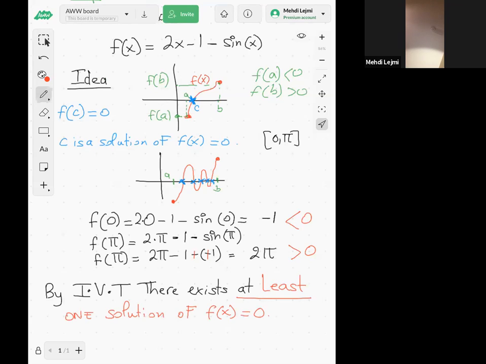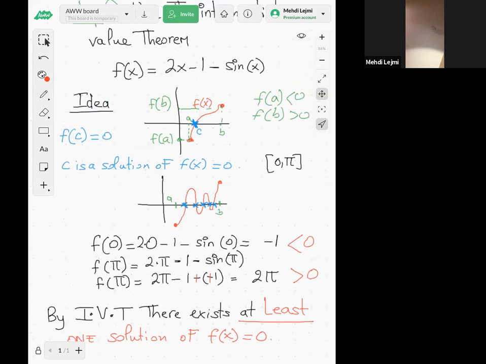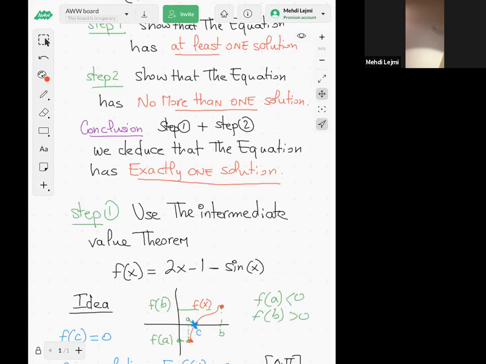Right? So that's the first step. I just proved that by the intermediate value theorem there exists at least one solution. Of course, the exercise, guys, is to prove that the equation has exactly one.